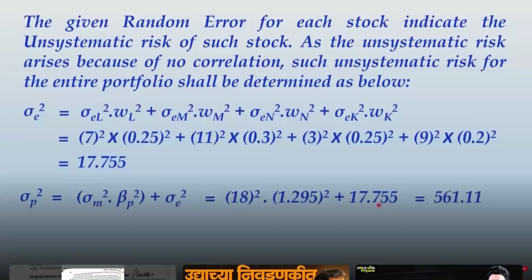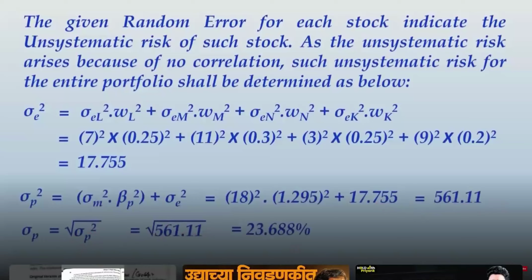Finally ये आता है 561.11, but this is portfolio variance. We would want to determine portfolio standard deviation, which is square root of portfolio variance, which will be square root of 561.11, and that comes to 23.688%. All right friends, you would have finished writing this whole thing.